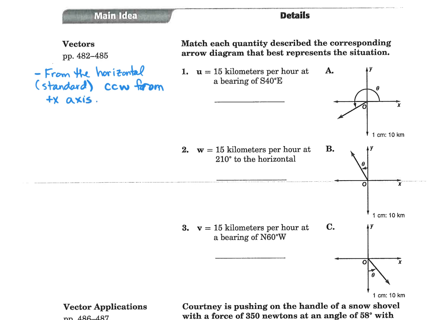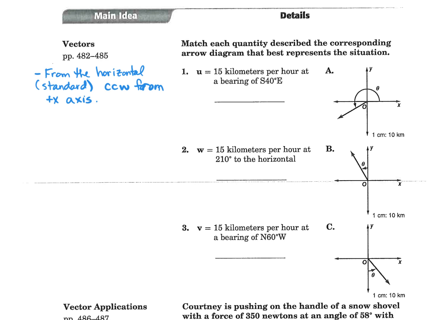So which one of those shows counterclockwise from the positive x-axis? A, B, or C over there? Which one?